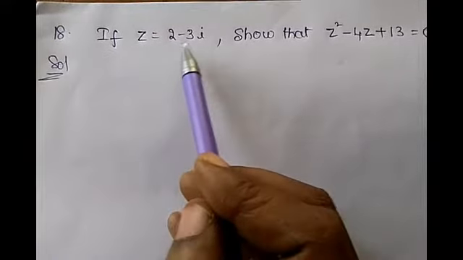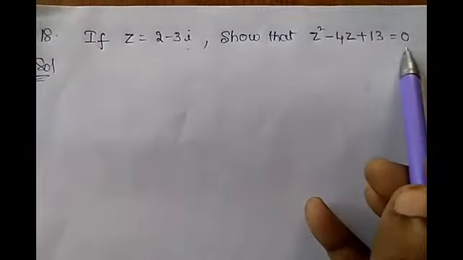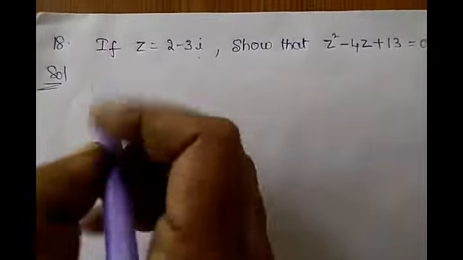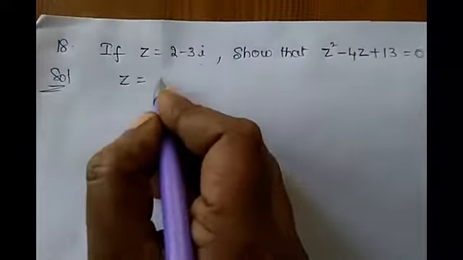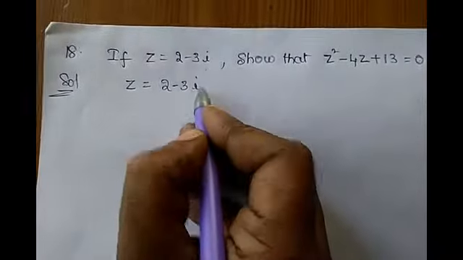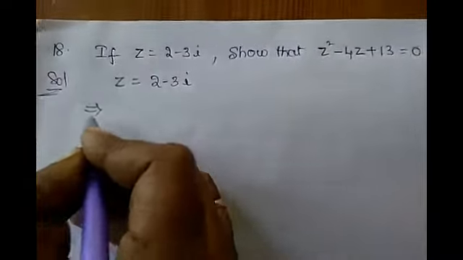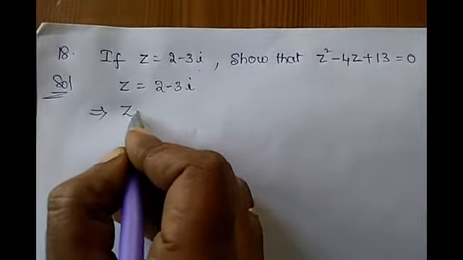If z is equal to 2 minus 3i, show that z square minus 4z plus 13 equal to 0. Solution. Let us write the given information first. z is equal to 2 minus 3i. Now transpose 2 to the left side.